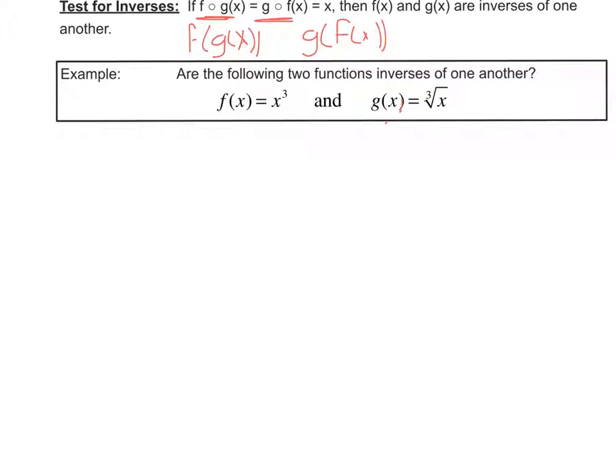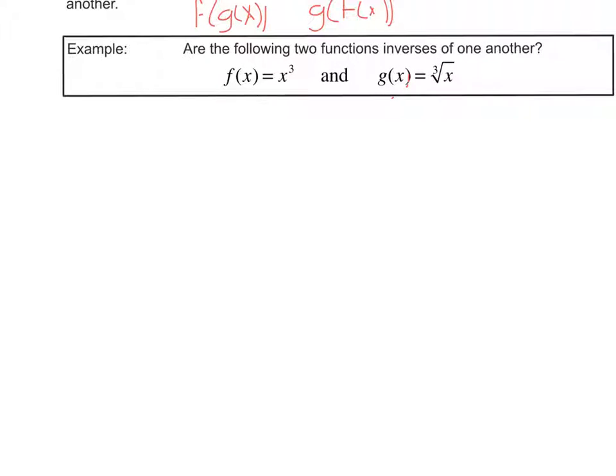But let's see how it plays out. If I do f of g, that means I'm plugging g in for x, so I'm plugging this into x cubed. So it's going to be the cube root of x cubed. What happens when I have the cube root of x cubed? It's just x.